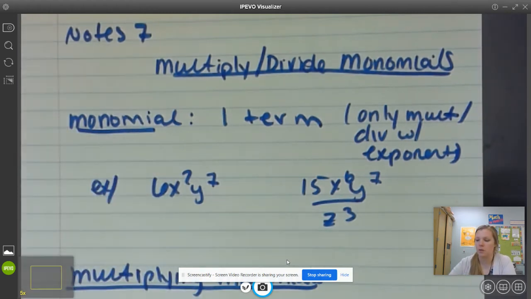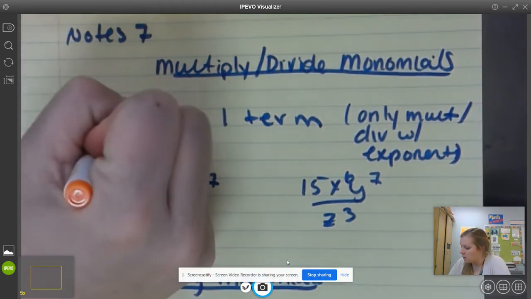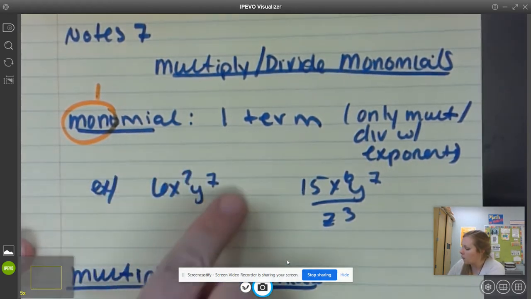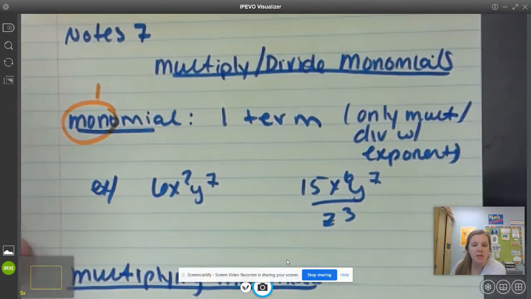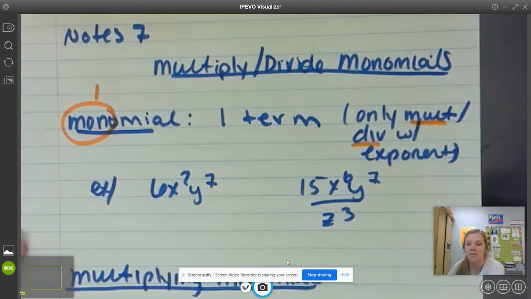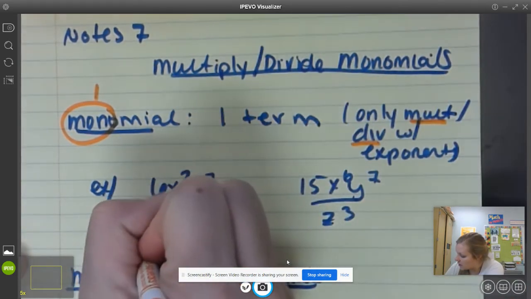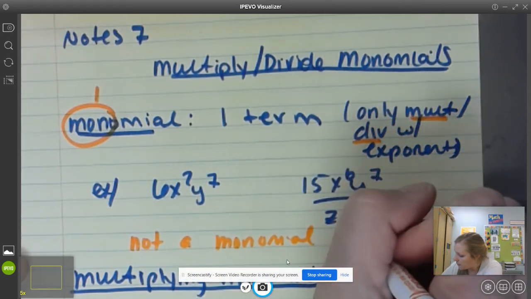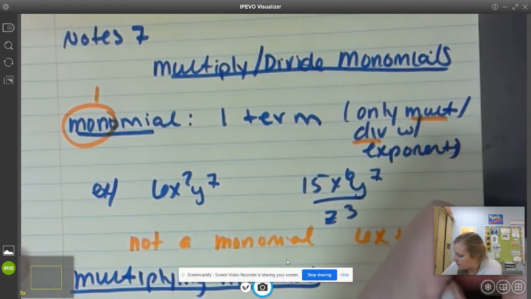So just to review, a monomial, it's kind of a confusing word. It's a one-term thing. Mono means one. This is one term. Terms are separated by plus or minus signs. So monomials only have multiplying and dividing operations. This is not a monomial: 6x plus 7.